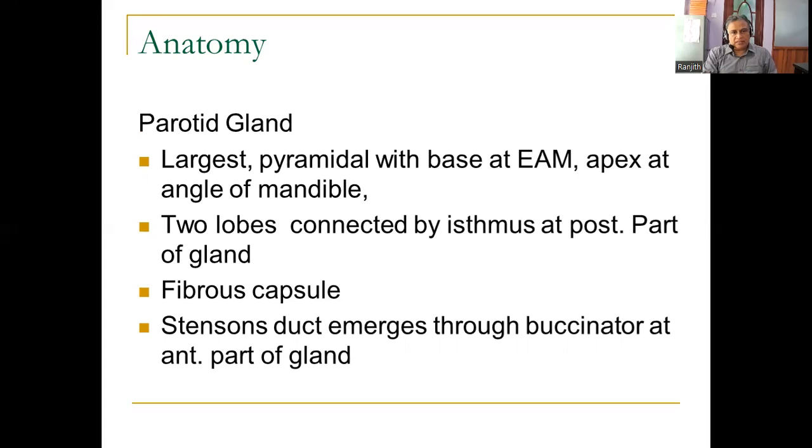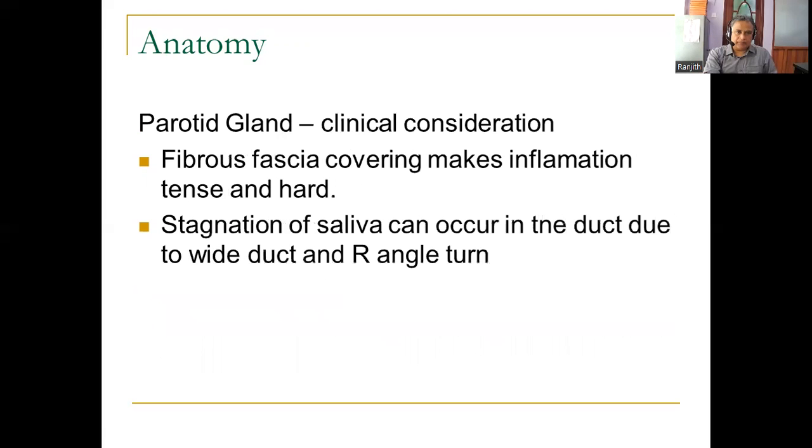The duct that emerges from the gland, which carries the saliva, is called the Stenson's duct, and it pierces through the buccinator at the anterior part of the gland. The buccinator forms the cheek muscles. So the duct actually pierces the buccinator and comes out into the oral cavity.